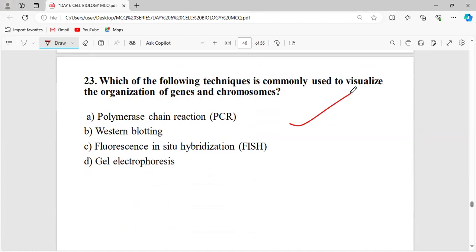And which of the following techniques is commonly used to visualize the organization of genes and chromosomes? Quick, quick, quick.